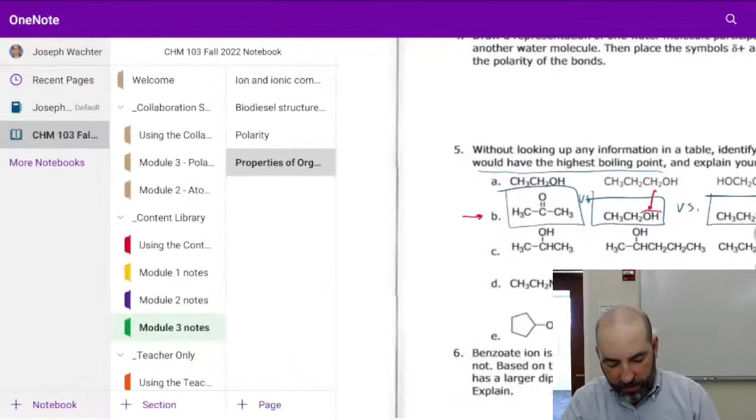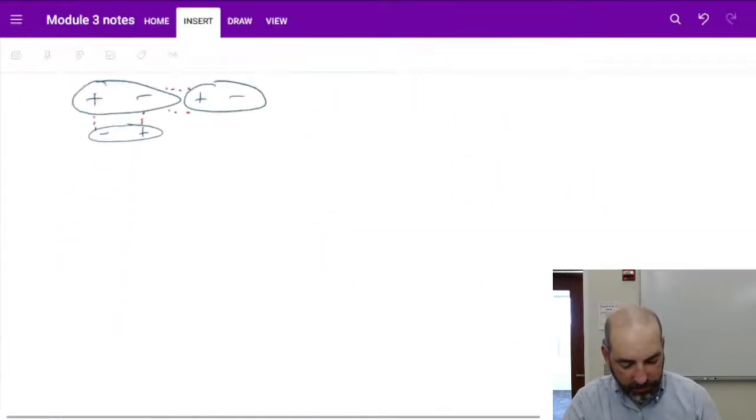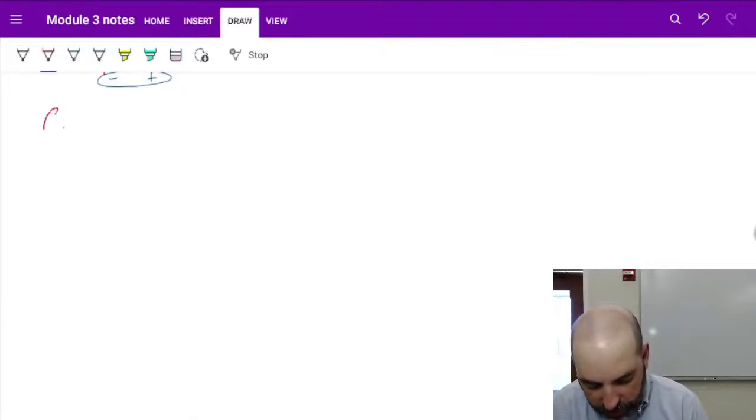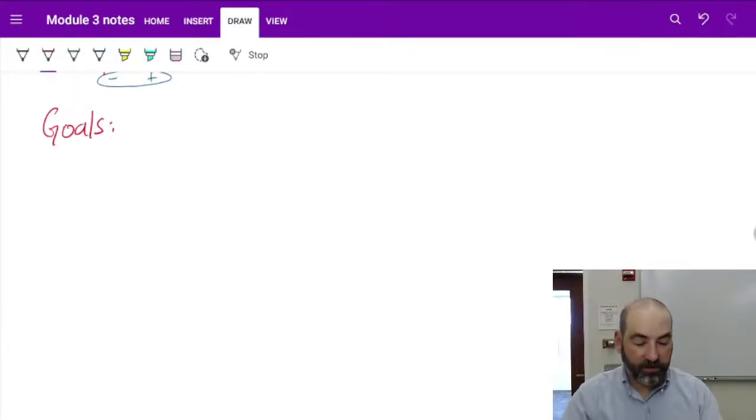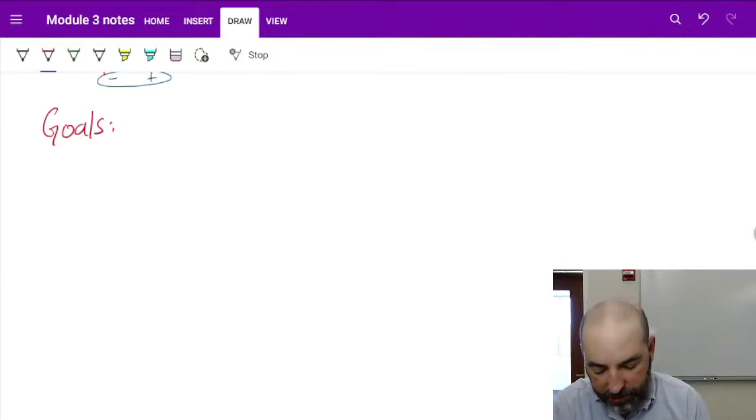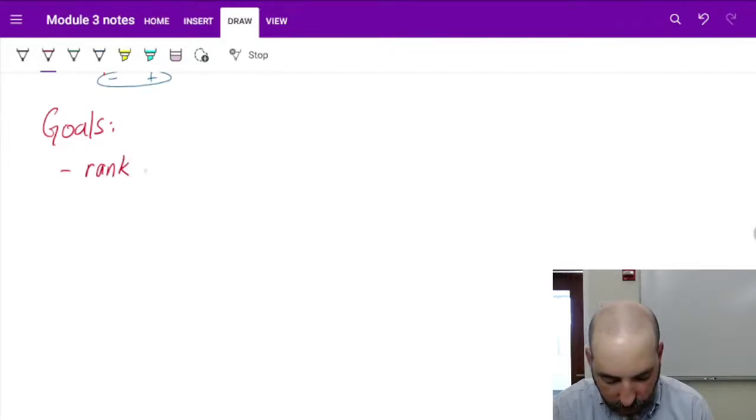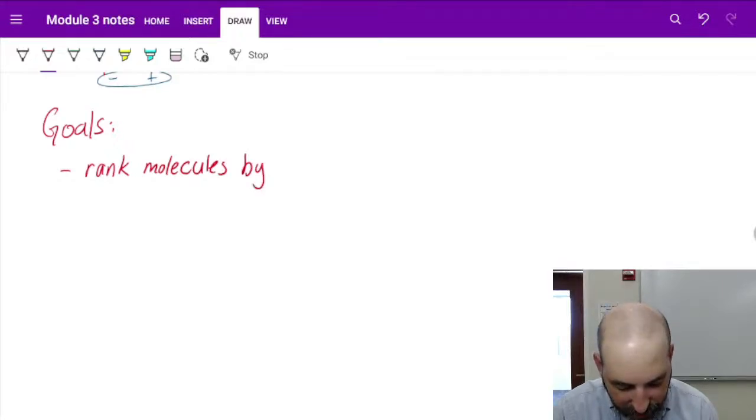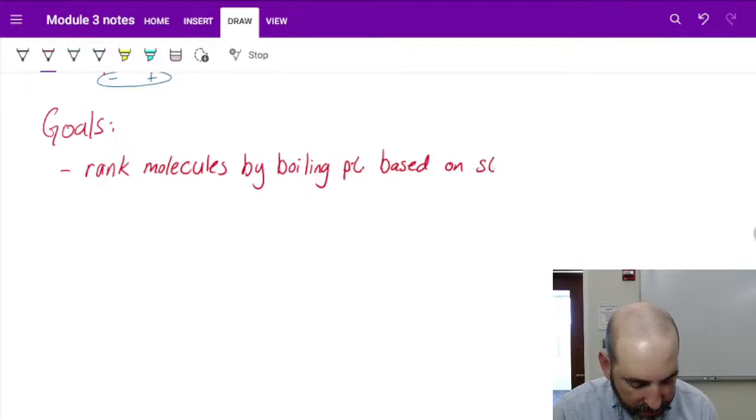Let me jump back to the other thing so I can put in some goals here. So the goals, as you can see them on the module reflection, what you should be able to do is rank molecules by boiling point based on structure.